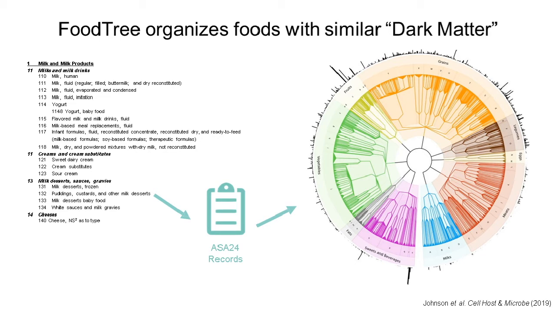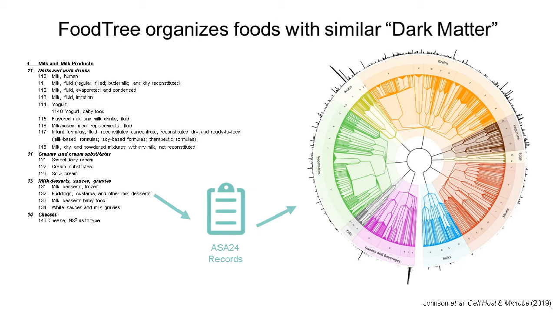So with this tree, we can now do things like compare my dietary intake to your dietary intake, not based on whether we ate the exact same foods that day, but on whether we ate foods that were near each other in the tree.